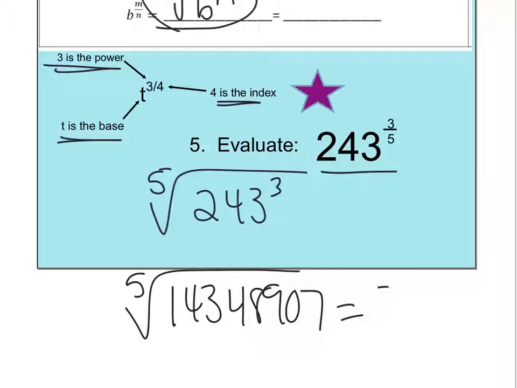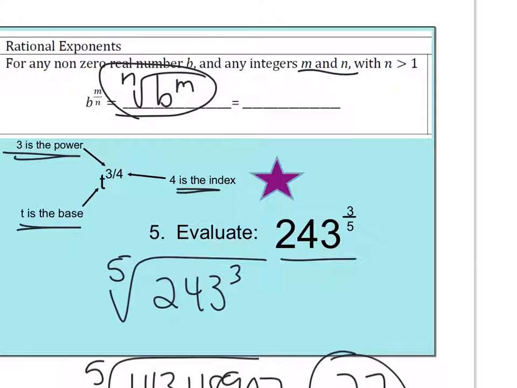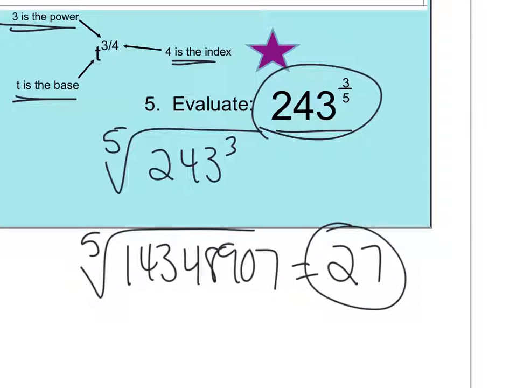After all that, it is going to be 27. If I put 243 raised to the 3 divided by 5 into a calculator, I would get my answer. But you have to recognize what this represents. That's what you have to keep straight.